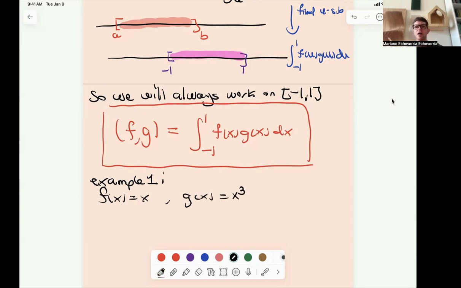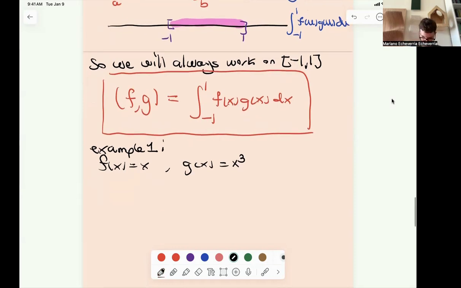Again, they are literally functions. I'm going to find the dot product between these two functions. The formula, the way I'm giving it, is multiply them as functions and then integrate that from -1 to 1.